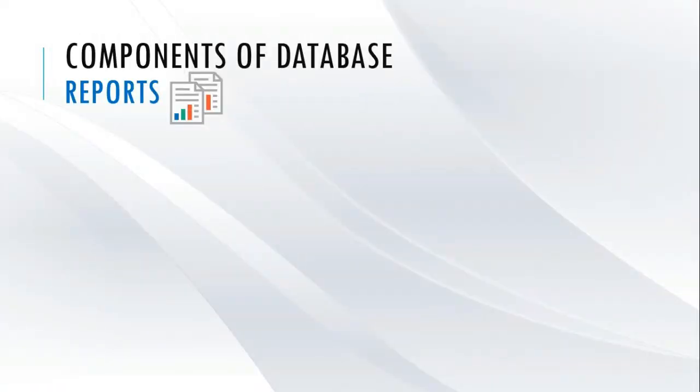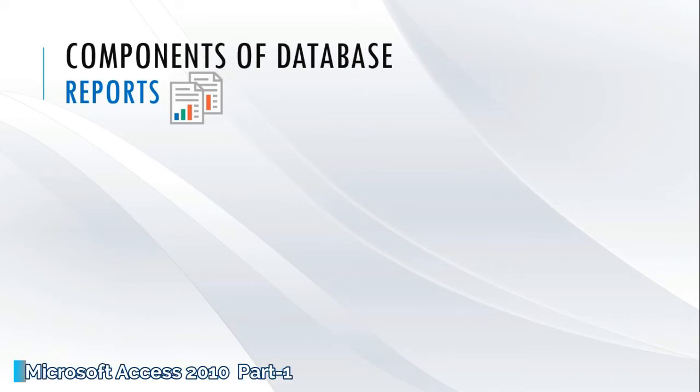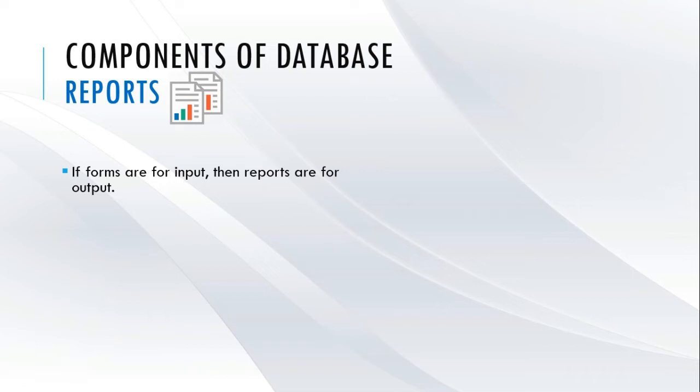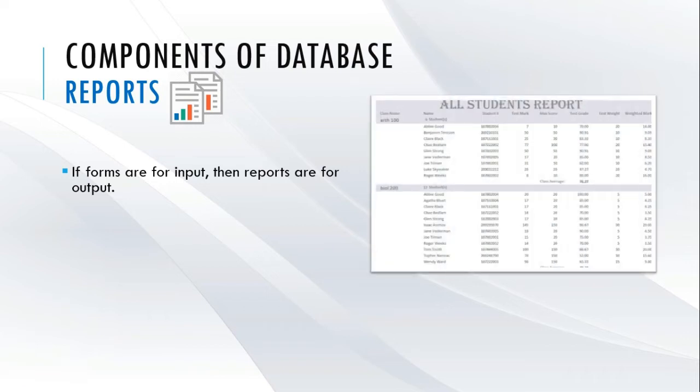The next most important component is the reports. To understand reports, we can compare the report with the forms. If forms are for input, then reports are for output. You can see this picture. This picture is a printable format or printable page consisting of various information.